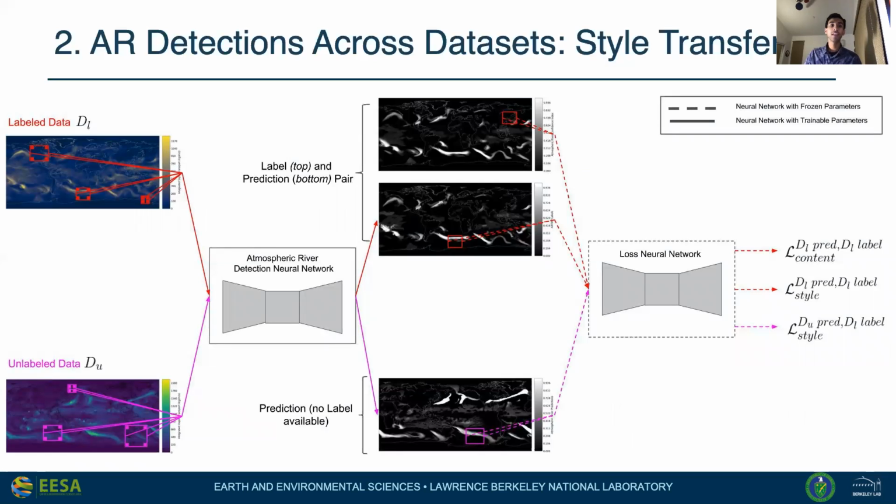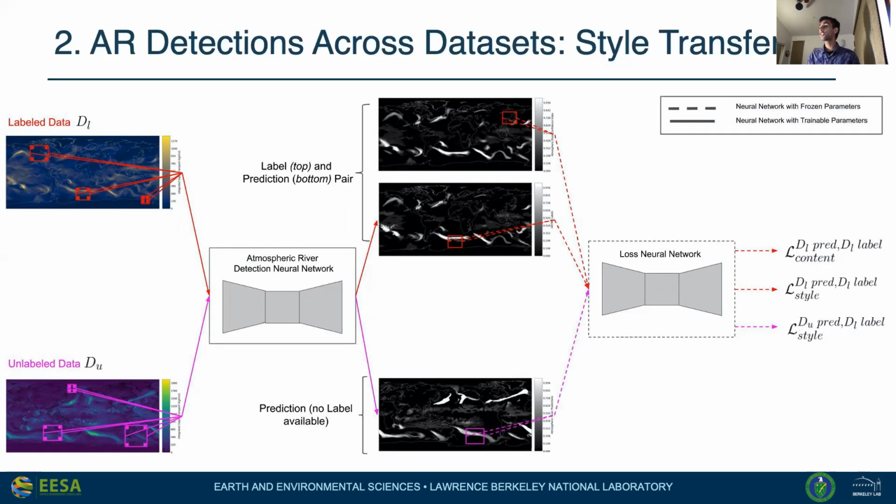Here is bringing the last two topics together, where we have some data sets that do have labels and some data sets that don't have labels. For the data sets that do have labels, we compare the truth to the predictions and compare them through perceptual loss functions.